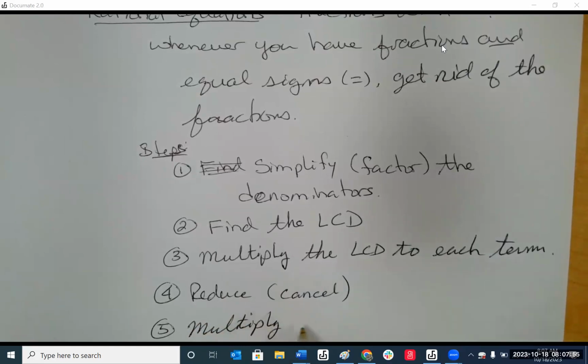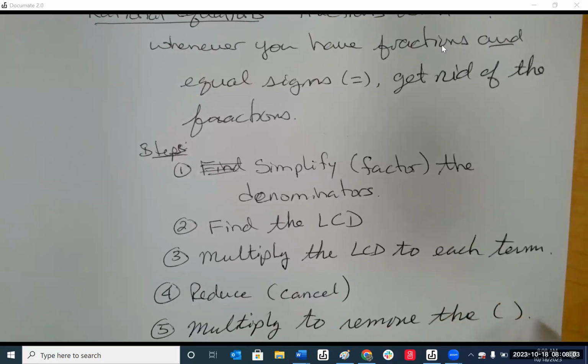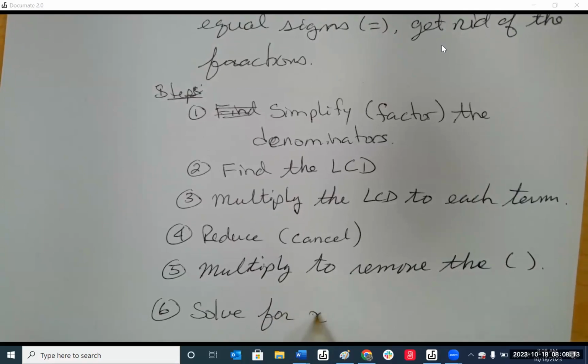Multiply to remove the parentheses. Solve for x.